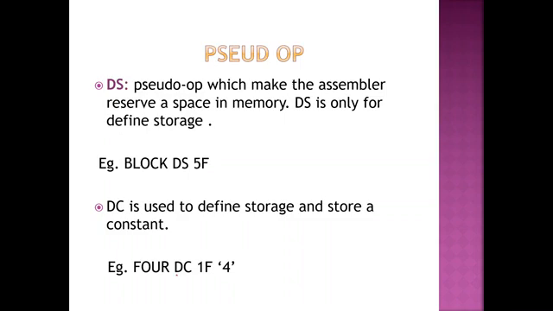You understand? So there are two pseudo ops. One is called define storage, the other is called define constant. Define storage only allots the storage space, while define constant allots the storage space and also stores a constant inside that variable. One more thing to remember: we don't call them variables, we call them symbols.